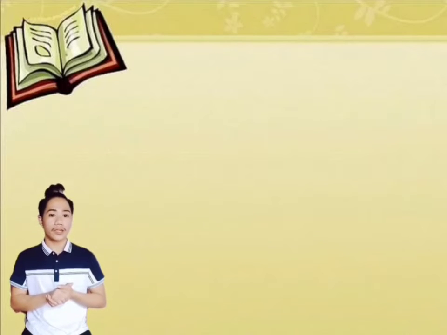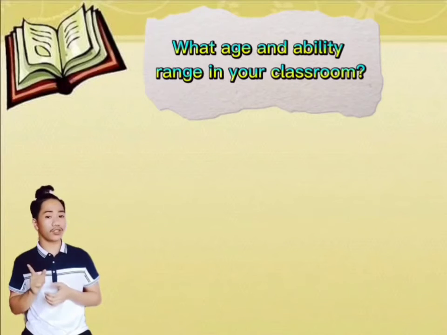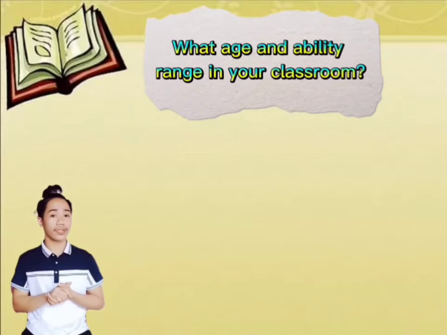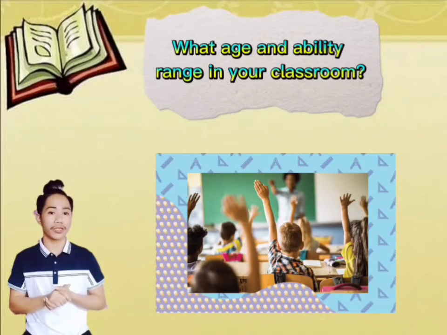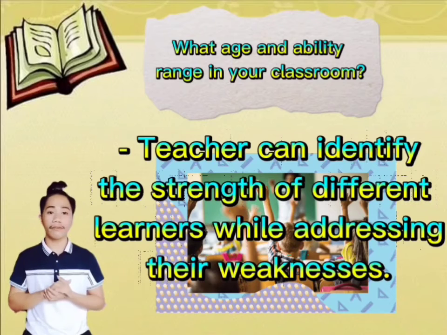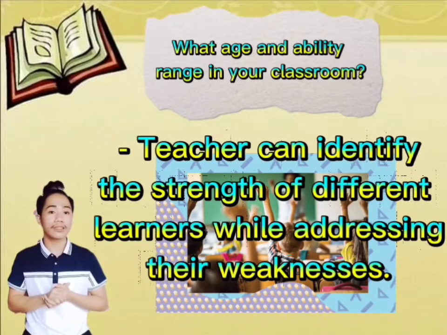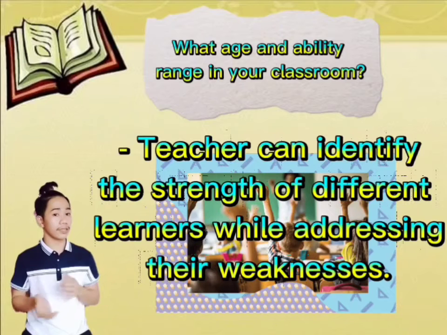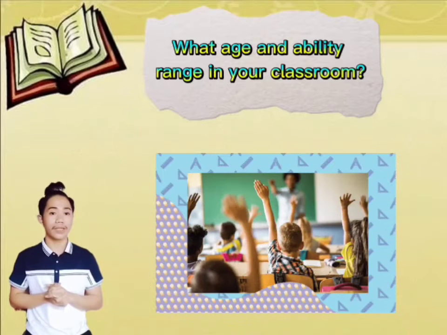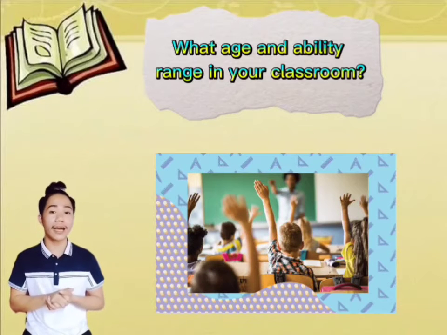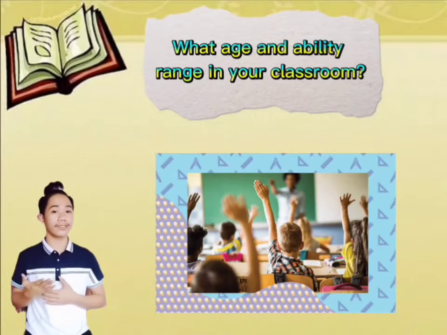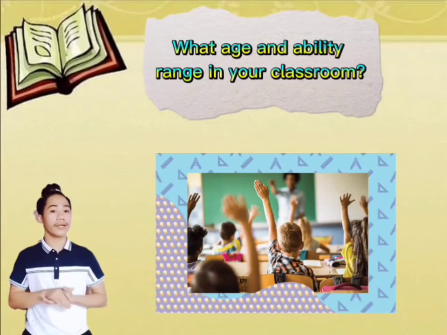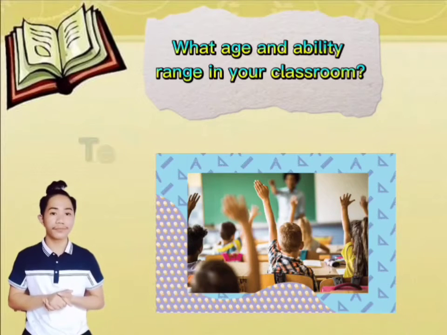From the fourth question, what age and ability range are in your classroom? Knowing this information, the teacher can identify the different strengths of different learners while addressing their weaknesses. It gives teachers an idea to better understand their students and to work with their differences.